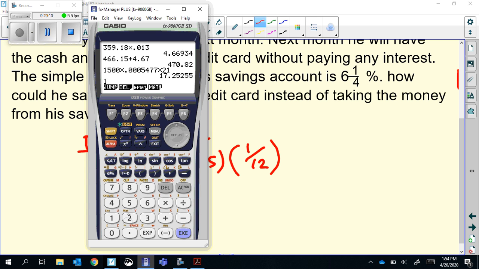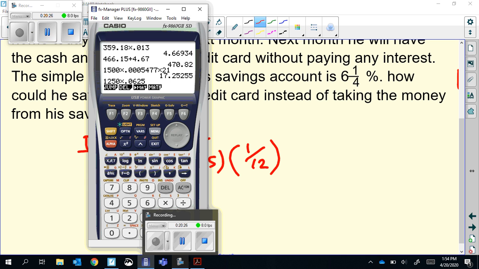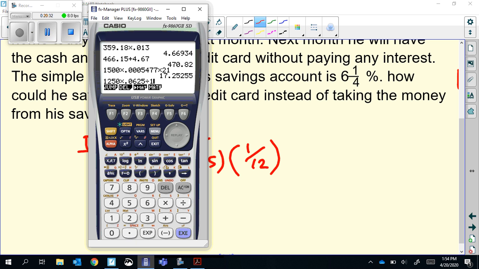So we can multiply this out. Times 1/12 really just means divided by 12. So that's 651.